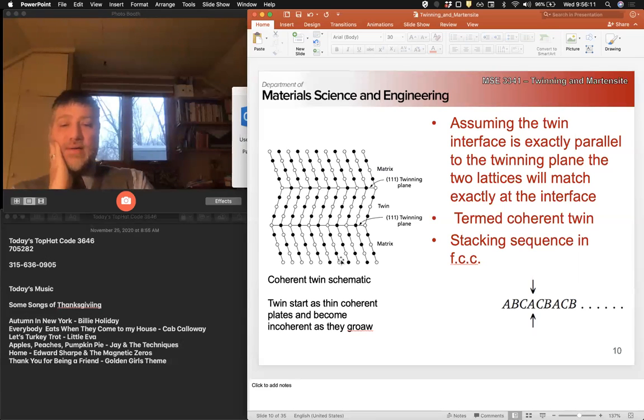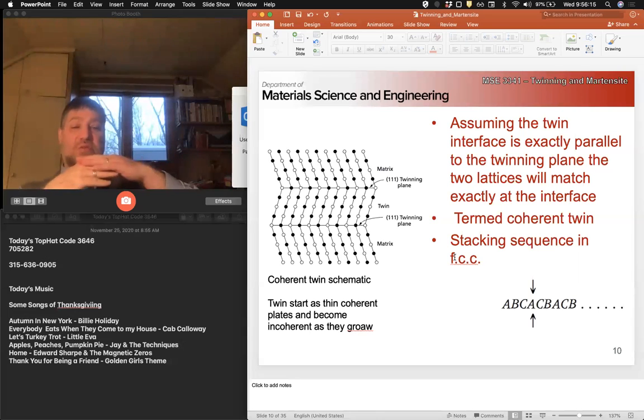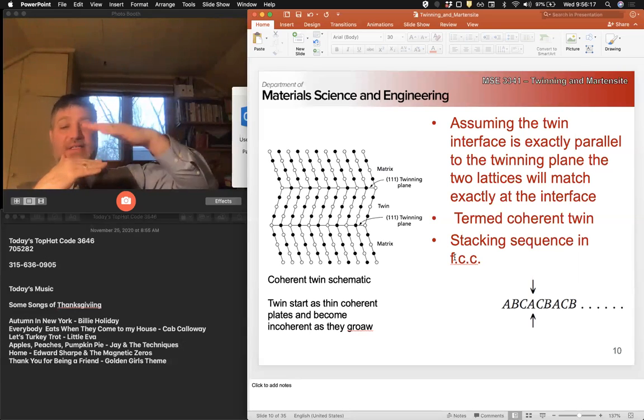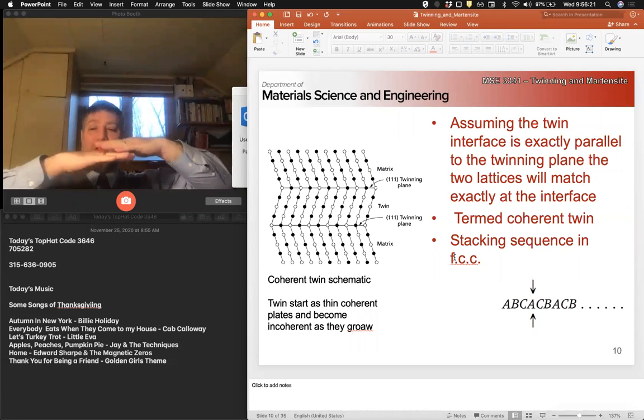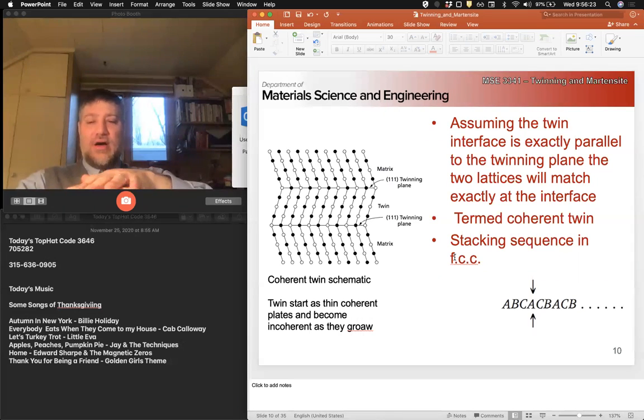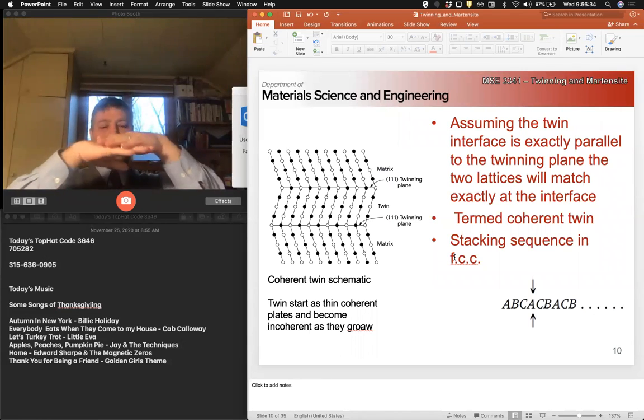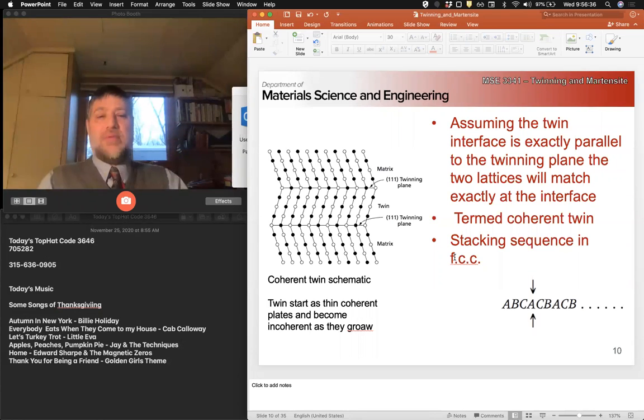So in FCC, the stacking sequence of close packed planes is A, B, C, A, B, C, A, B, C, right? Where, of course, if we think about the number of individual holes in a close packed structure where we can set things, we have two possible arrangements of how close packed planes can be arranged on top of each other.